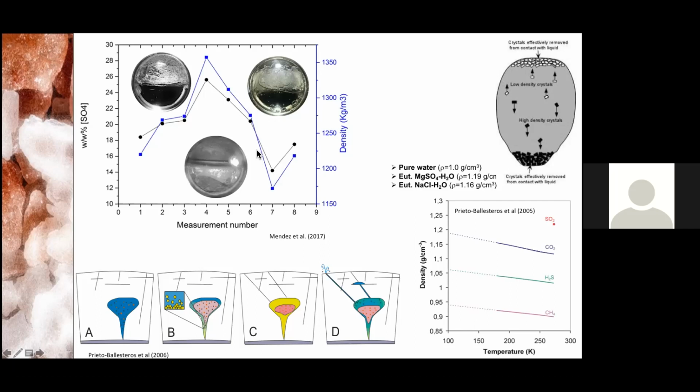So basically, what we suggest is that the clathrate crystallization produces brine concentration that is followed by salt precipitation, which clearly differentiates the magmatic chambers by density, like in silicate systems.